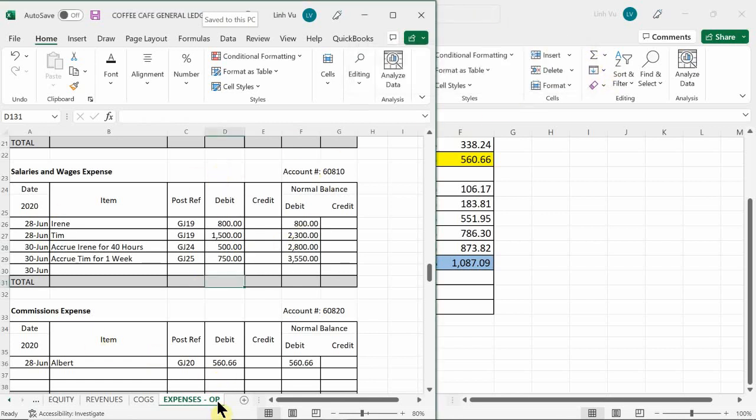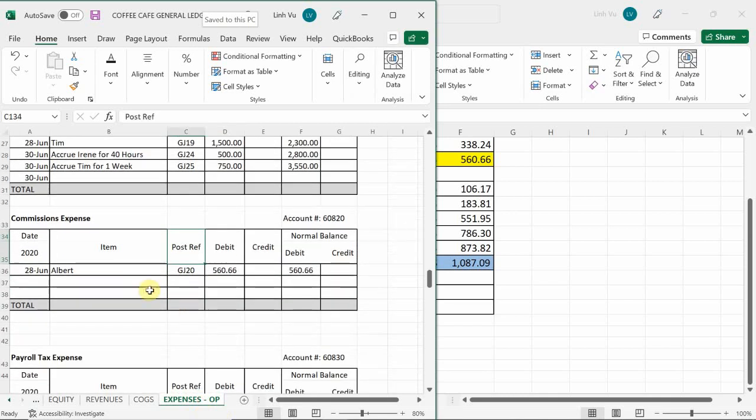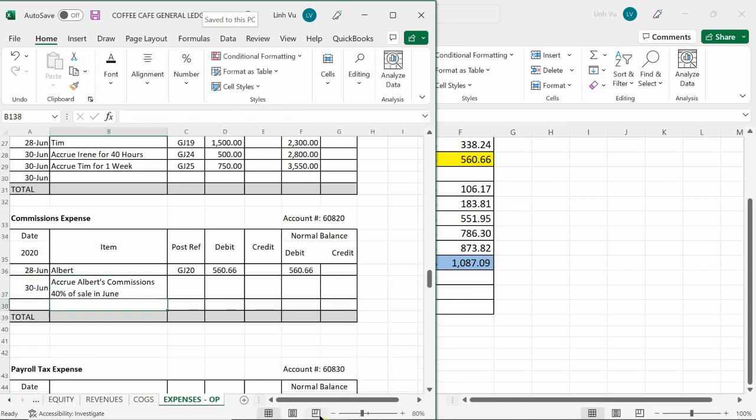So we got commissions expense, page 25 here. We accrued him for $1,087.09.